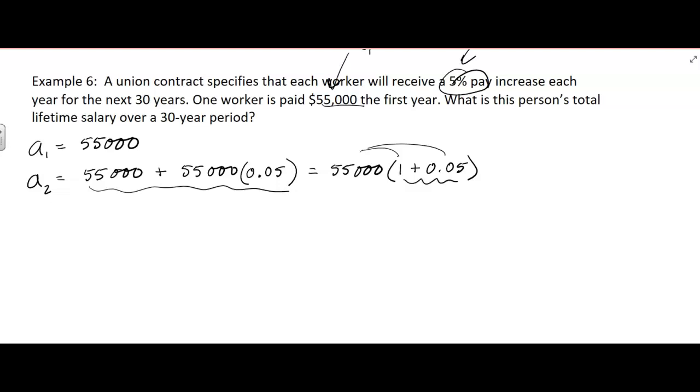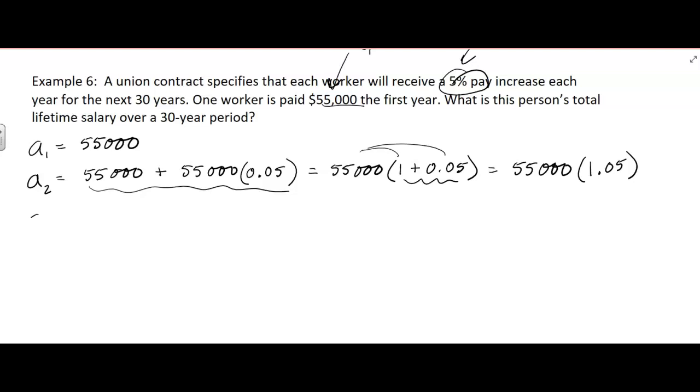Okay, but then you can add this, right? So you're going to say 55,000, all this algebra we've learned, 1 times 1.05. So that might make some sense to you. You're earning your 55,000 plus the 5% increase. So to figure out your total pay for that year, it's 55,000 times 1.05.